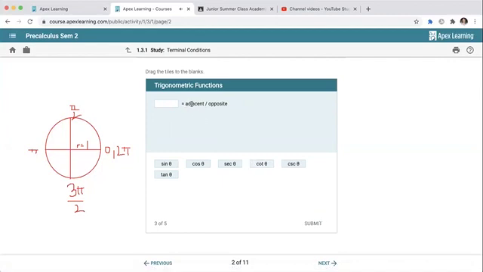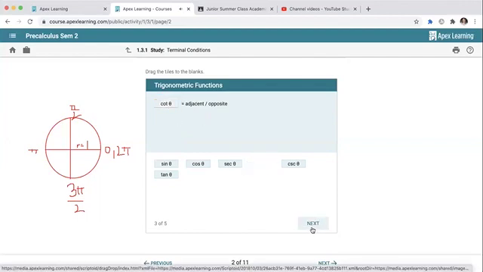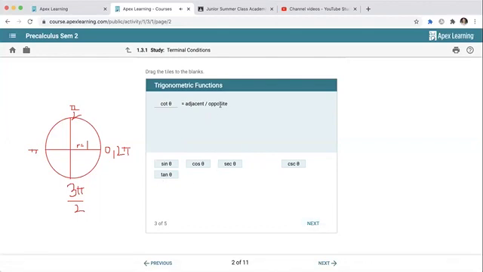What is adjacent over opposite? We're dealing with either tangent or cotangent. Because tangent equals opposite over adjacent, adjacent over opposite would be cotangent. Now, hypotenuse over opposite.